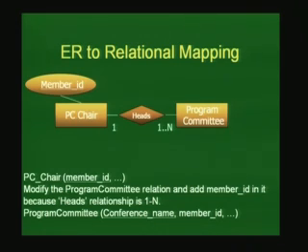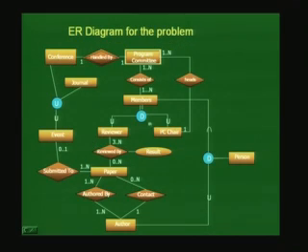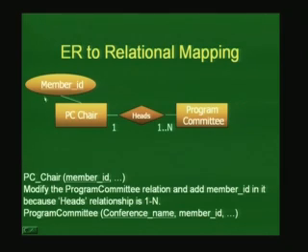So the next set of conversions. Now a PC chair heads a program committee, and PC chair and every other member. Note that for the sake of clarity I have not shown the entire ER diagram here, but if you remember, a PC chair is a member. This kind of relationship defines an is-a relationship.